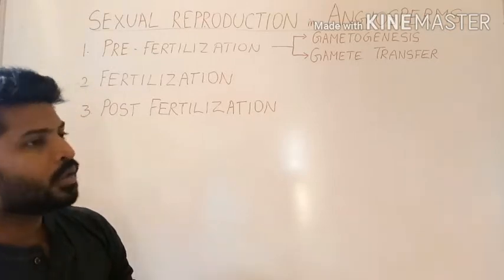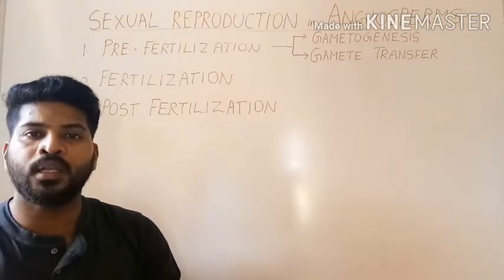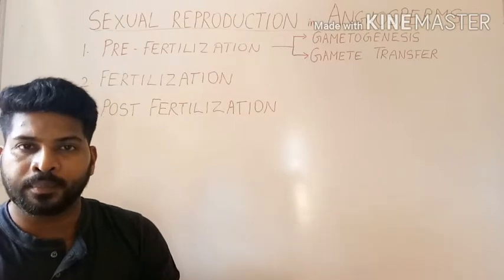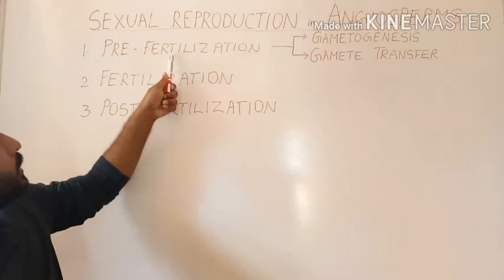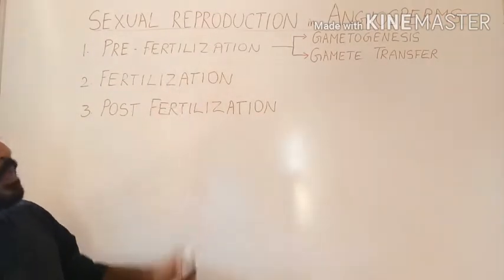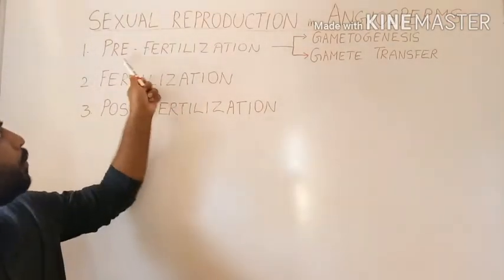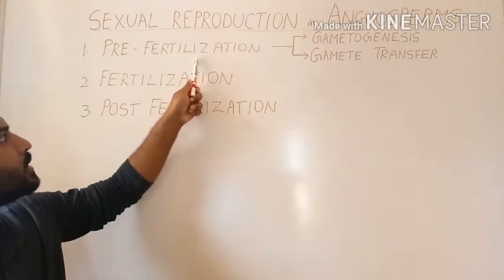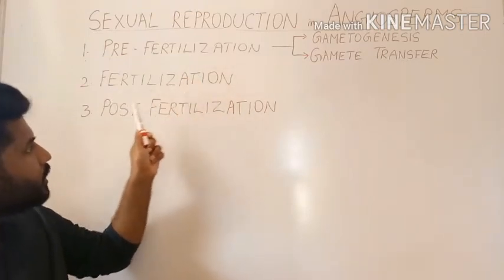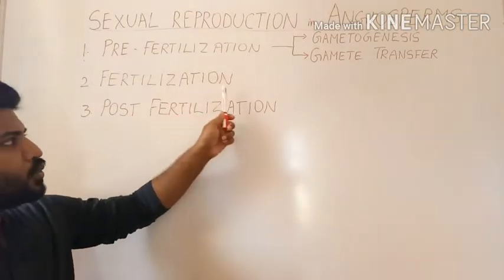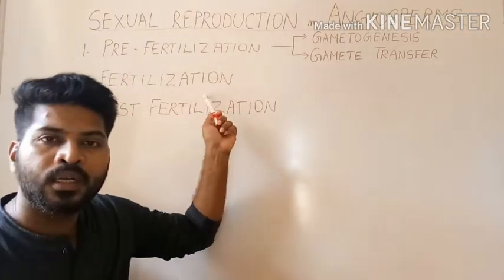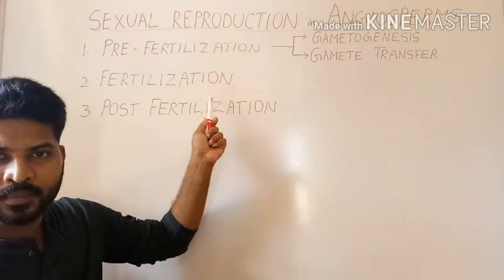So the phase of sexual reproduction in plants can be divided into 3 steps: pre-fertilization events, fertilization and post-fertilization. Fertilization, as you know, is the fusion of the male and female gamete.